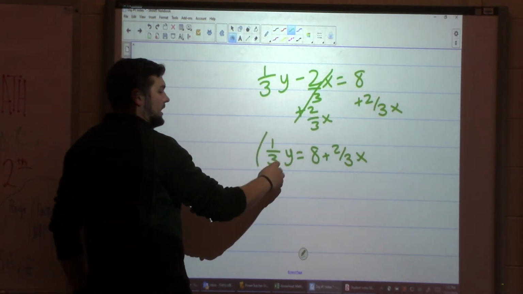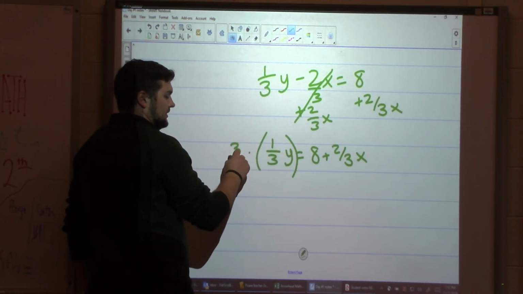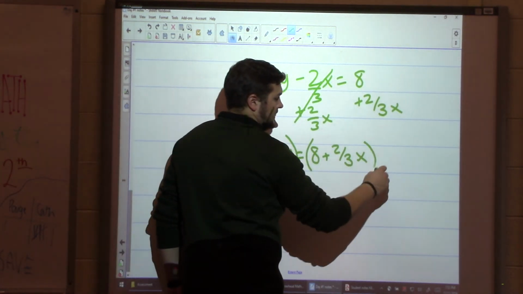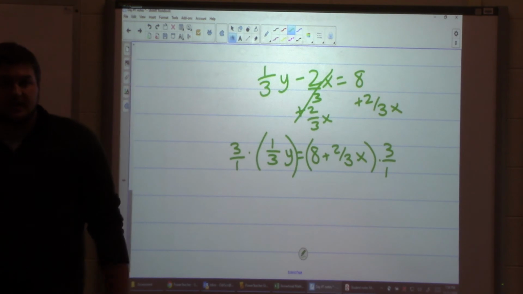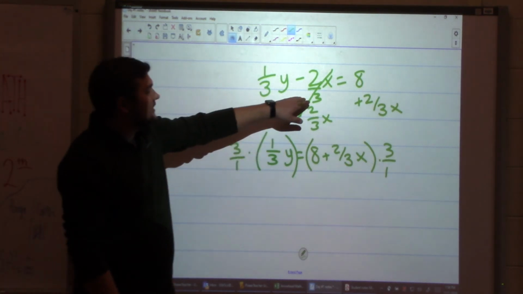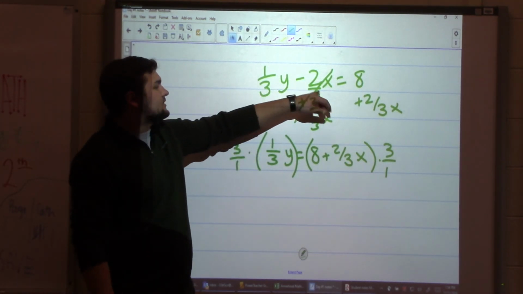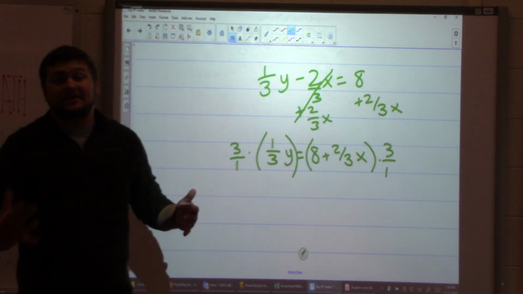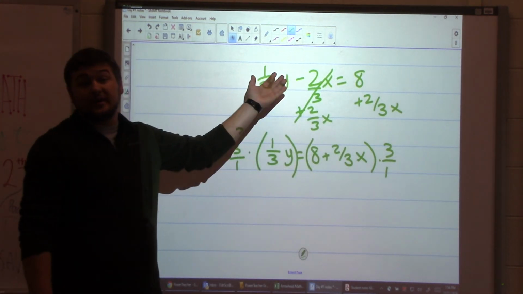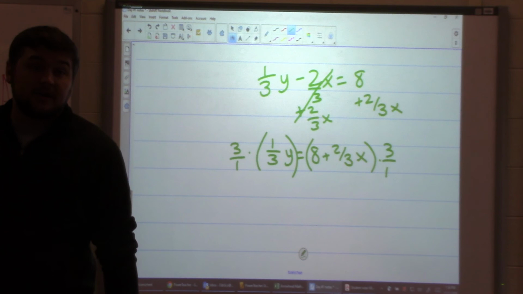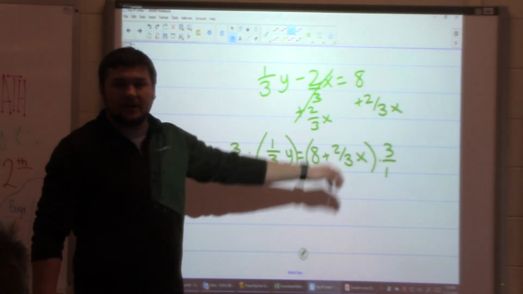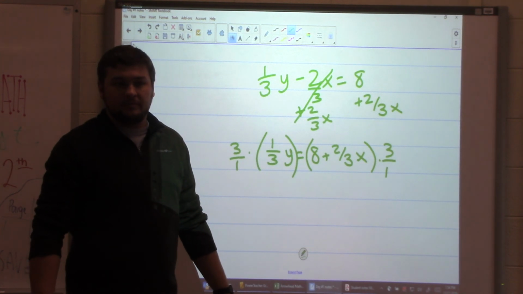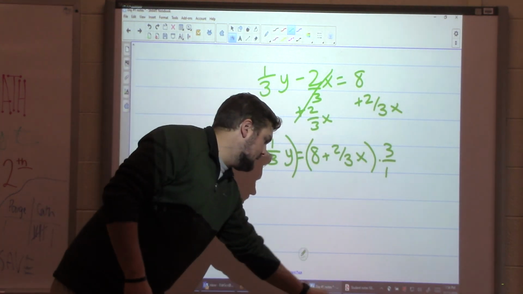We multiply by the reciprocal, and you would just distribute 3 into both those pieces. Don't try to multiply by 3 and then add 2x, because it's going to be a big mess. You need to multiply everything by 3 if you do it that way. It is feasible, but it would just be easier to add 2/3 x to begin with.